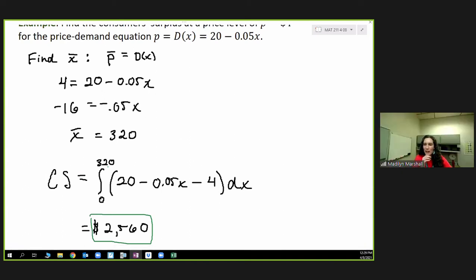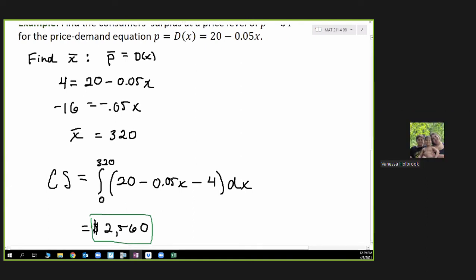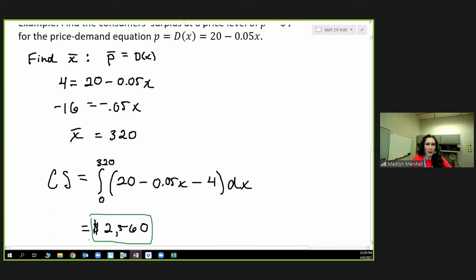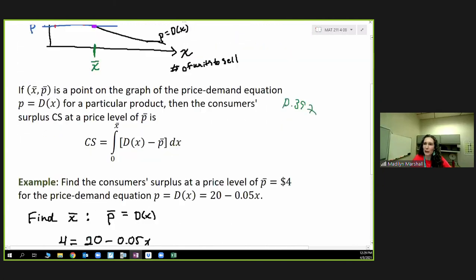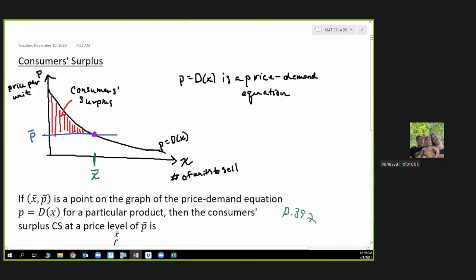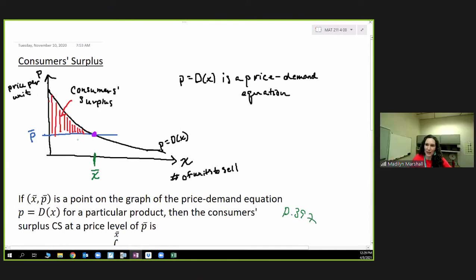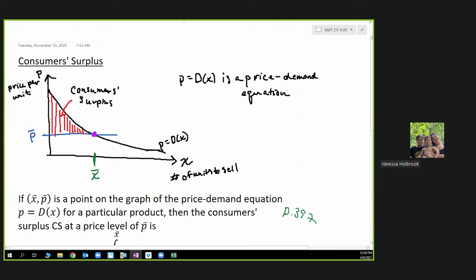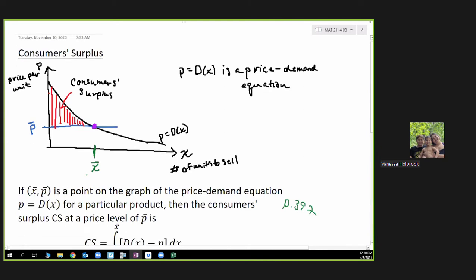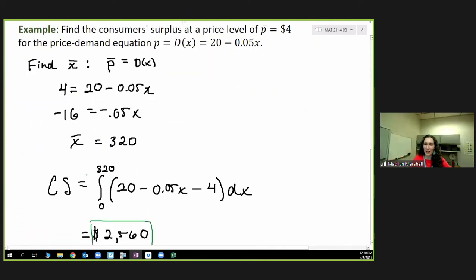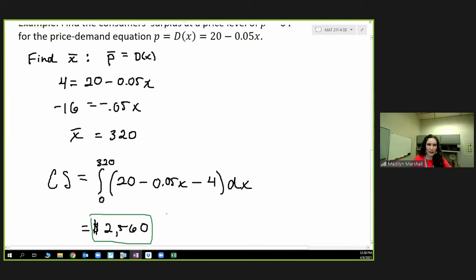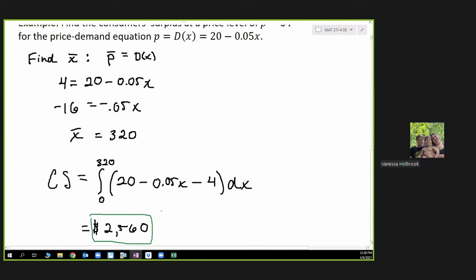If we divided it by units, that would be the average savings per unit. But we know that these first few units are ones where we're saving more than on the last few units. So we can have a sense of average savings if we divided by 320, but it doesn't translate exactly that way.